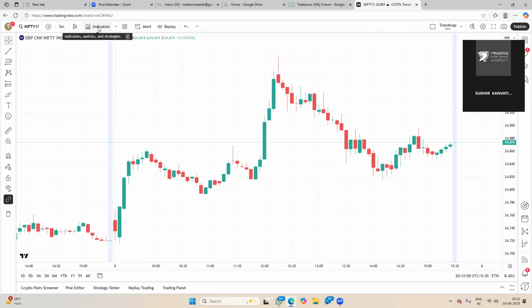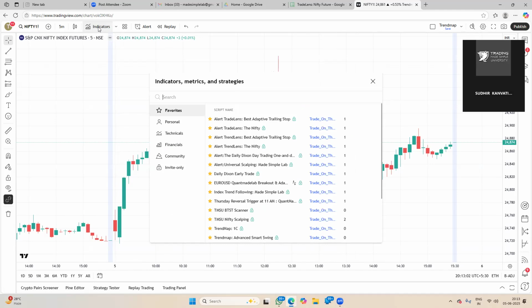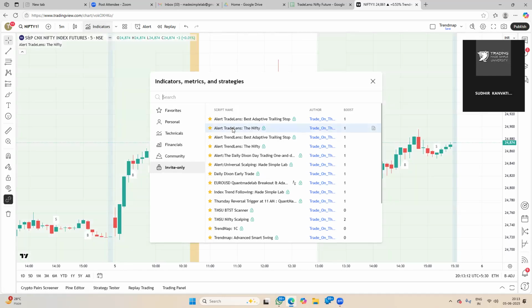So for example, today if I go to the indicators, you must find under your invite-only section an indicator called Alert Trade Lens. You also will find something called Alert Trade Lens based adaptive trailing stop loss. You should also add these things. So these two indicators you have to add.